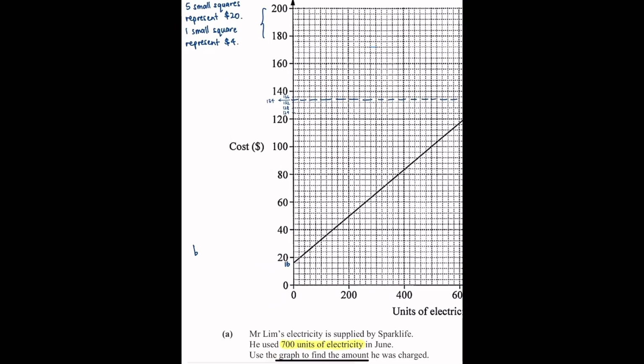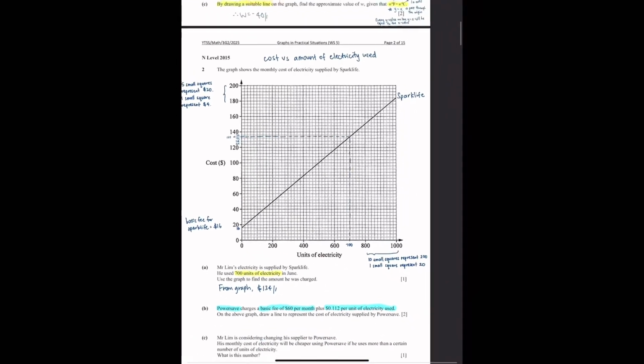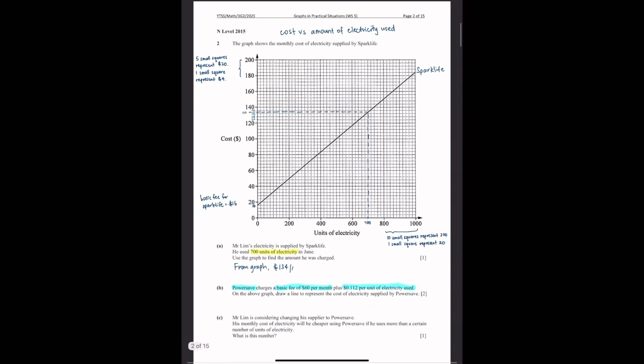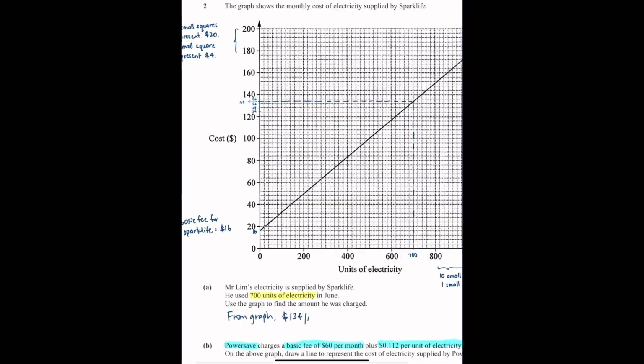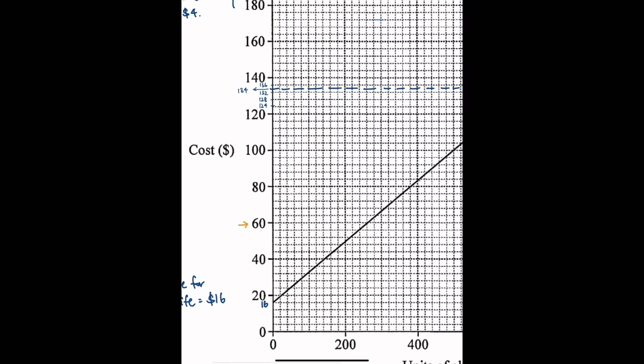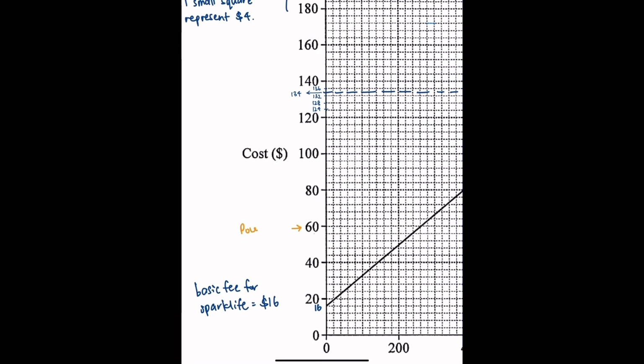I'm going to write here, basic fee for SparkLife is $16. But for PowerSave, the basic fee is $60 per month. So that means the y-intercept for PowerSave will be here already. Let me label the PowerSave y-intercept. So the line will actually start from here.